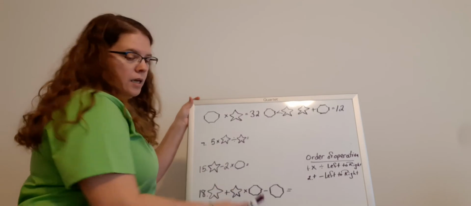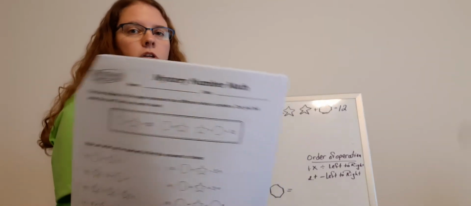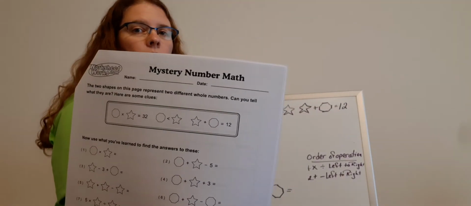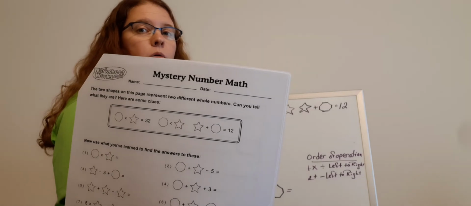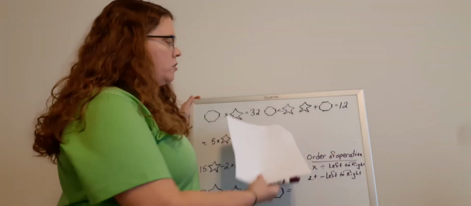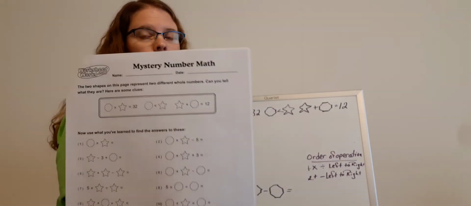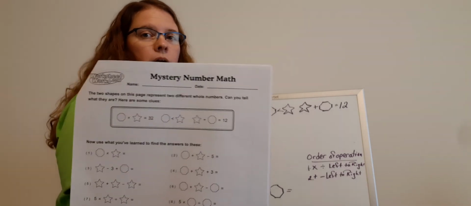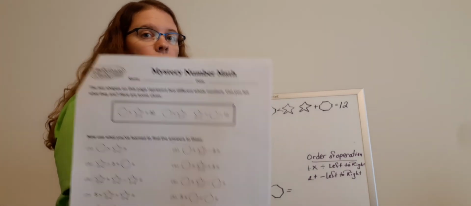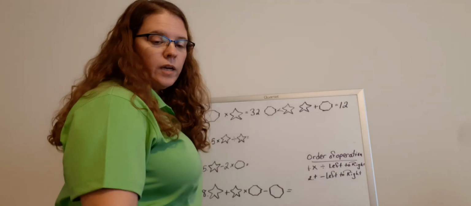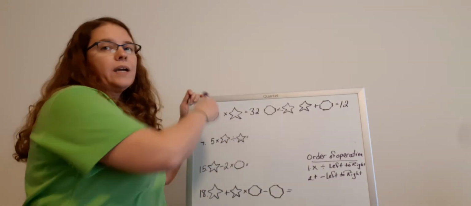All right, so in the box at the top of your page, all I did was copy those two equations and your less than greater than problem. These numbers have to fit all three of these criteria in order to be the correct number.